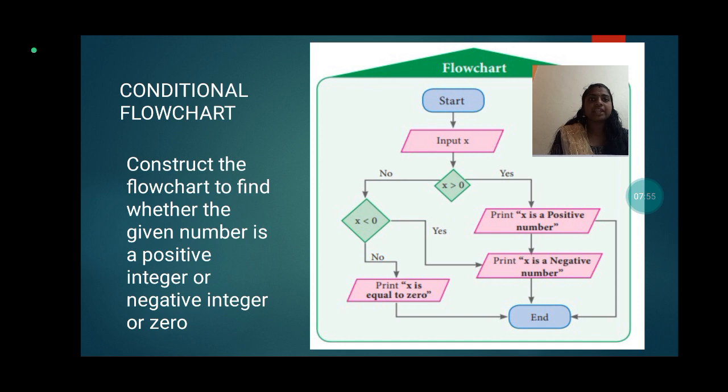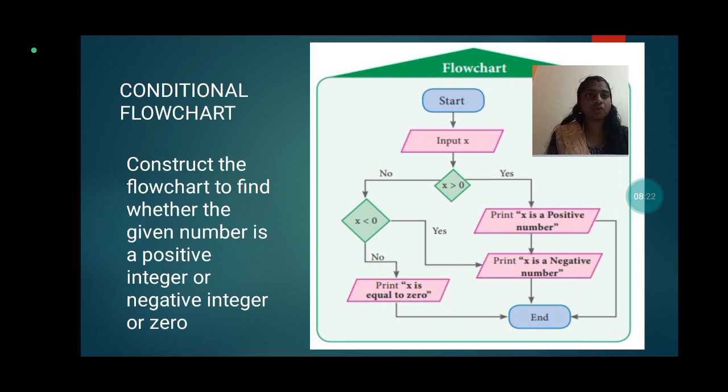I give one example in the picture. Construct a flowchart to find whether the given number is a positive integer or a negative integer or 0. First, we want to start the problem solving, so we draw the start.